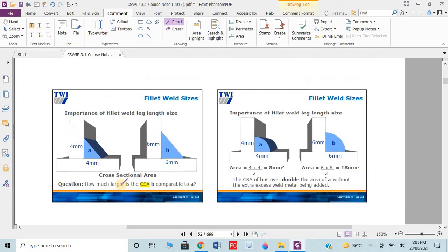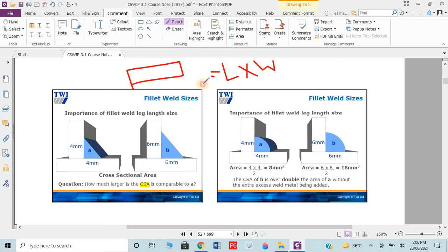Okay, now if you want to calculate the cross section area of the weld joint, we have the rectangular cross section area formula: length into width.